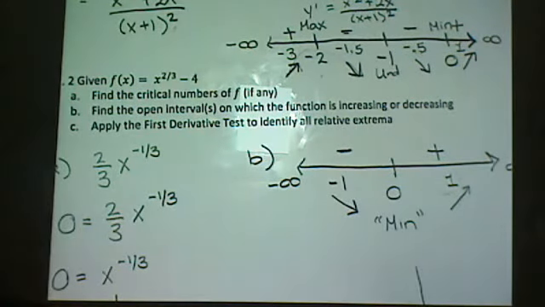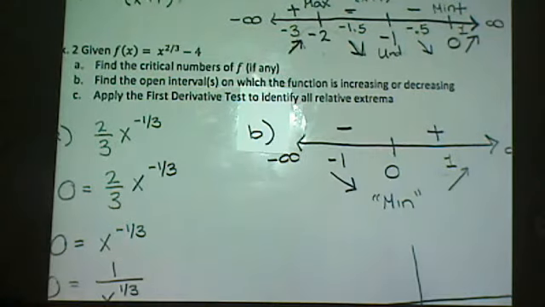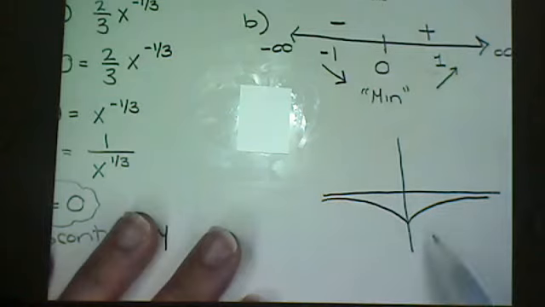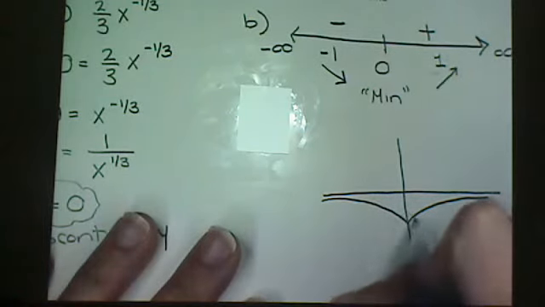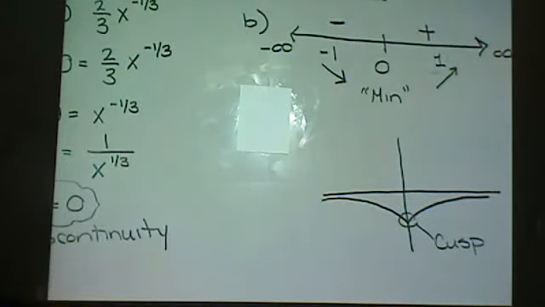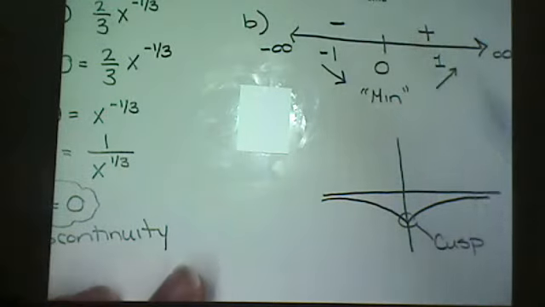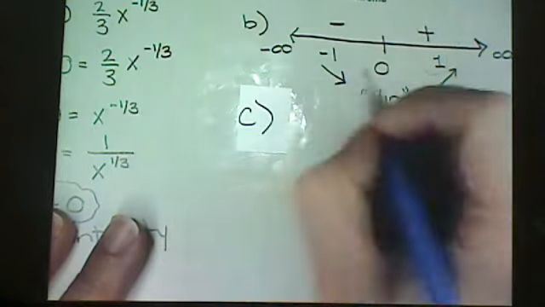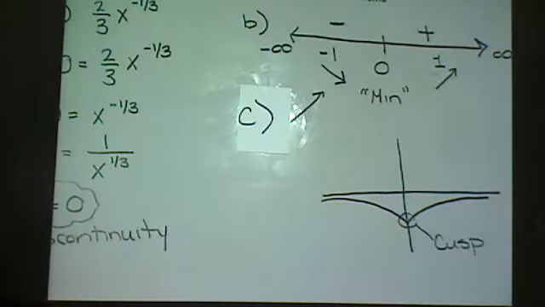So it's kind of a minimum, but it's a minimum because of a cusp. So at 0, we know the graph comes down, cusps, and then goes back up. Notice it has a negative slope and then a positive slope. And right there is a cusp. And there you have it. With part B, you actually answered part C, because we said right there what they are.